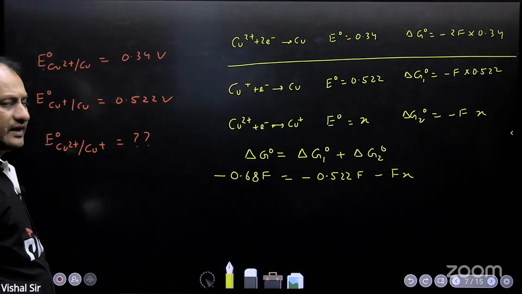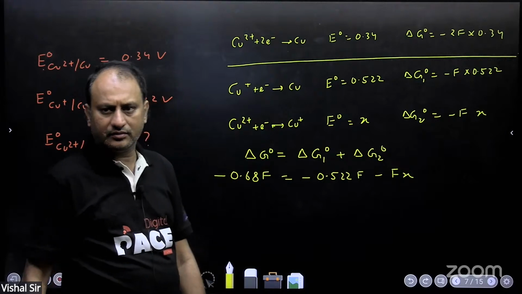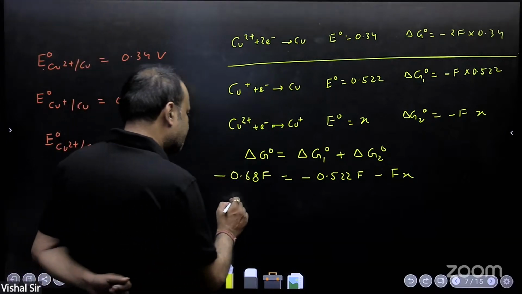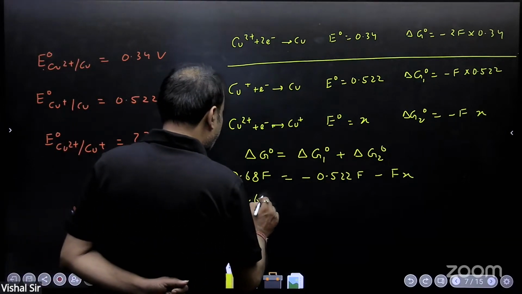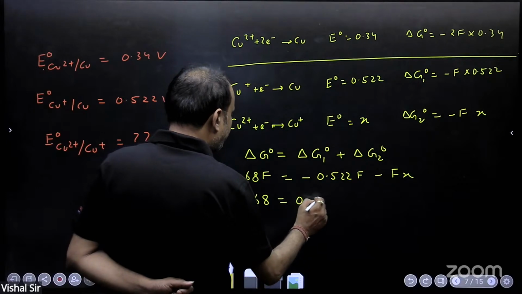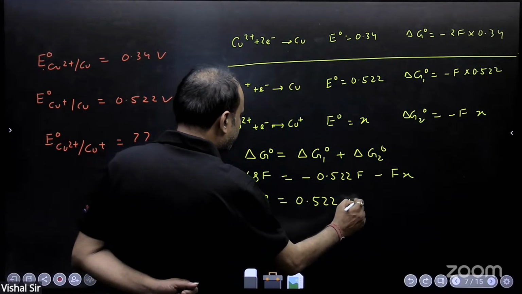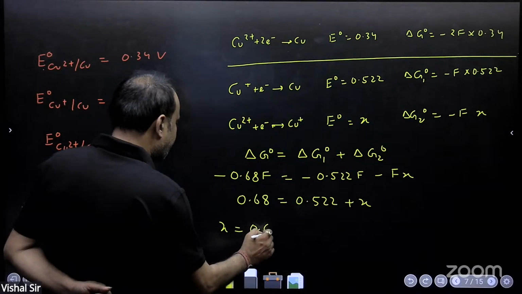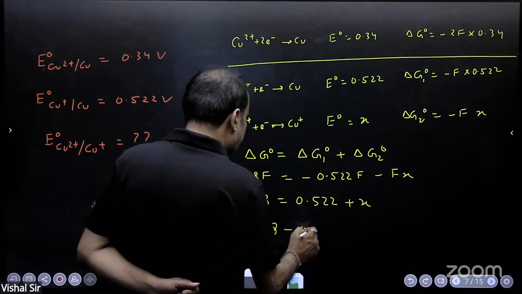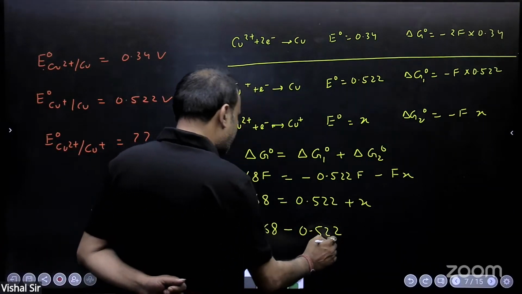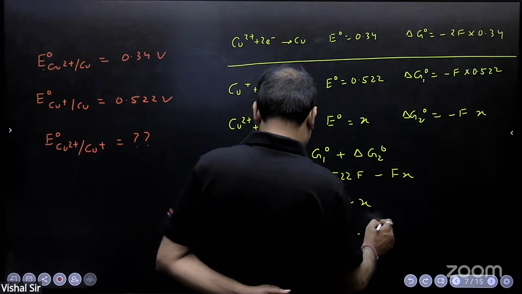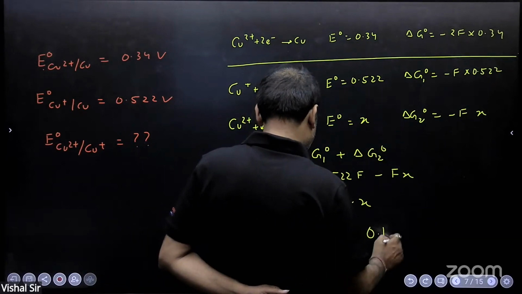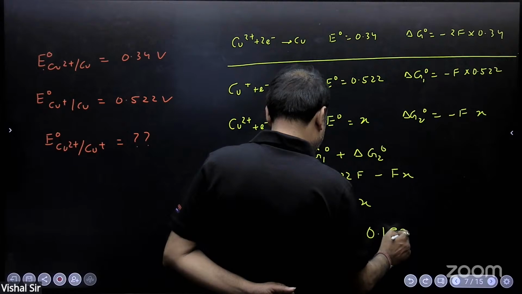So let's cancel out minus F throughout the equation. So 0.68 is 0.522 plus X. So X from here we get 0.68 minus 0.522, that will be 0.158.